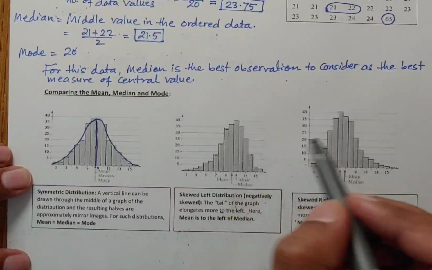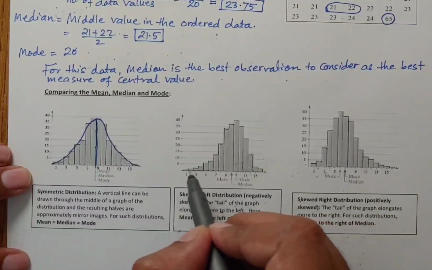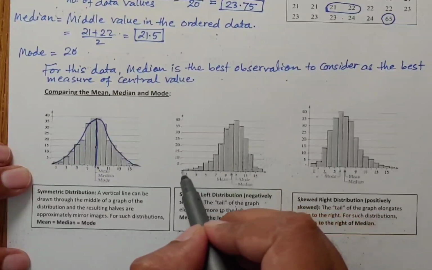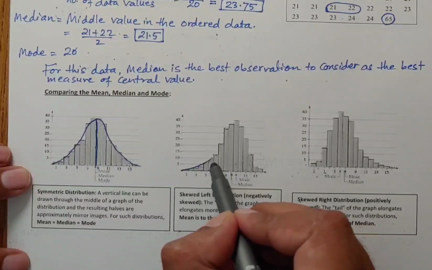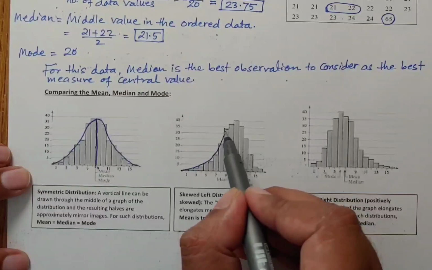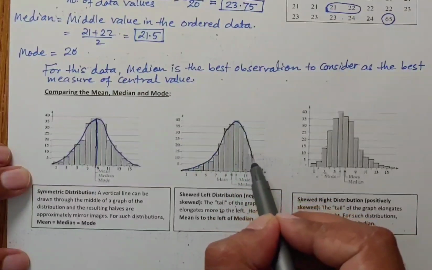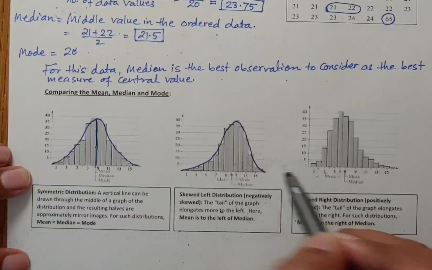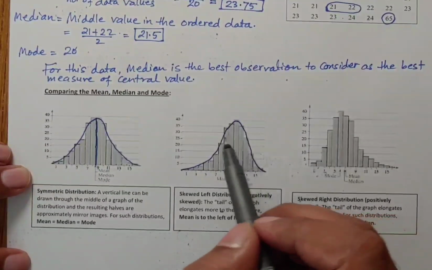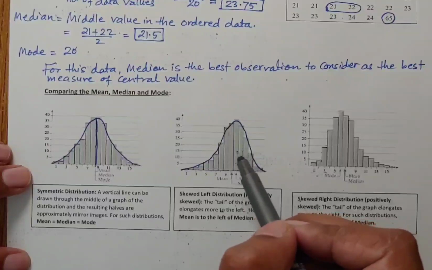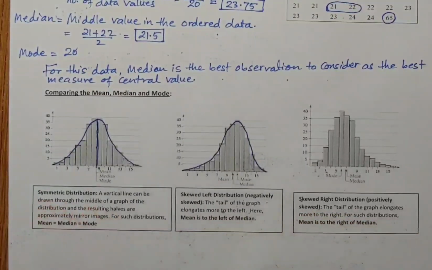And in this one, the shape looks like it has a long tail on the left side. See, so it looks like it is deviated a little bit. It is not exactly symmetric.